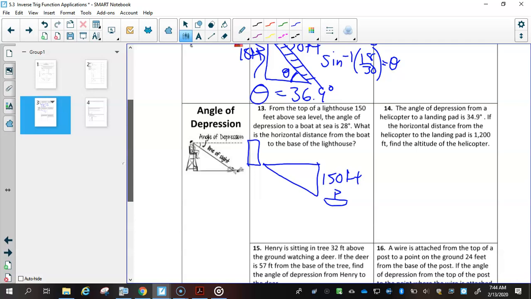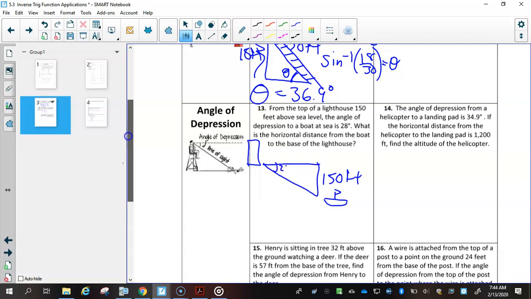Let me drive the boat into the sea. So the boat is below the lighthouse because of the lighthouse being above sea level. Really, all of these you have to think of whatever it is above whatever it's looking down at.